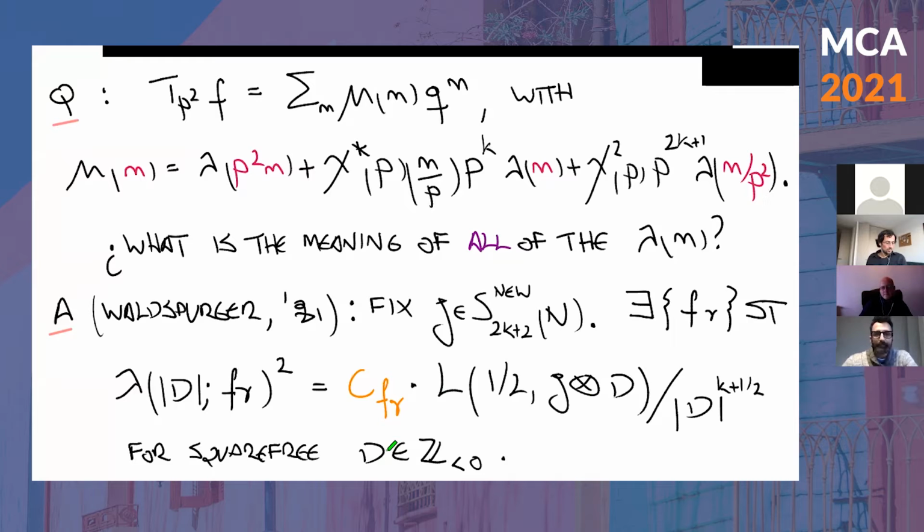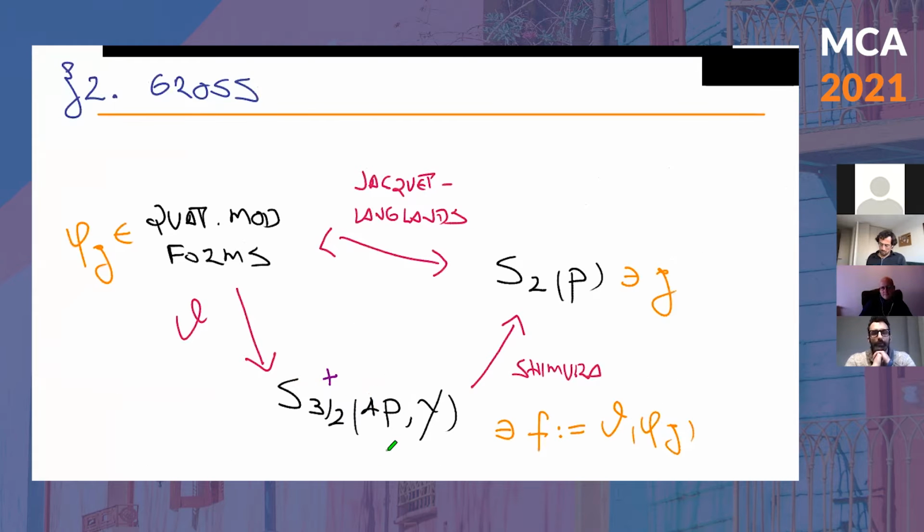Well, let's move on to the results of Gross and Shin Mao. The work of Gross is about obtaining Waldspurger's formula again in a somehow more explicit way, because Waldspurger's proof is completely representation theoretic.